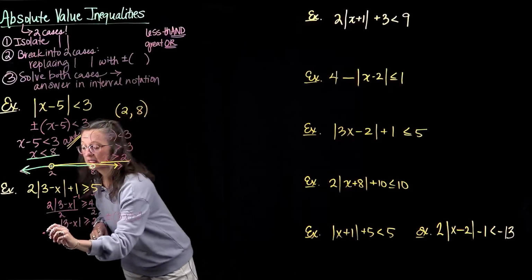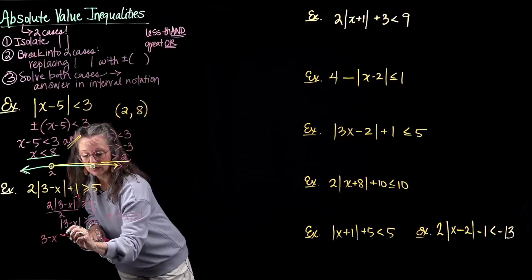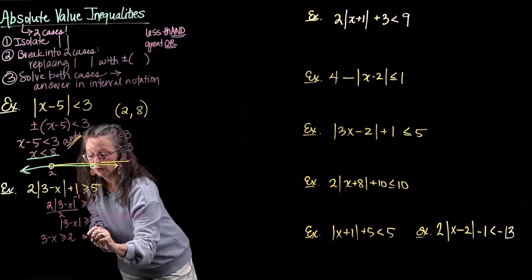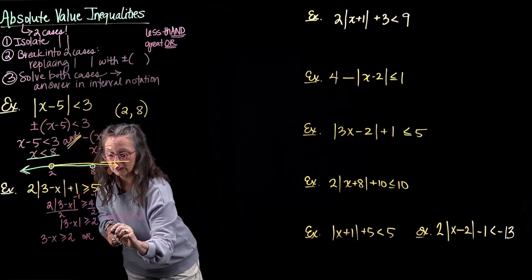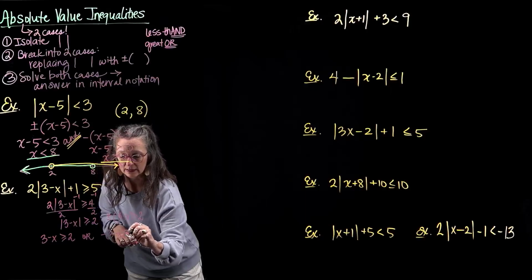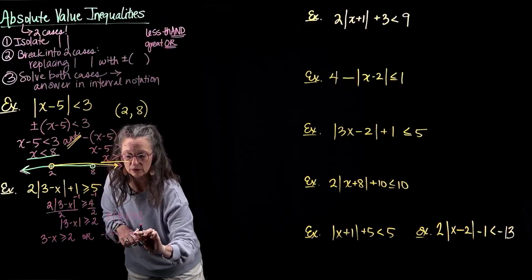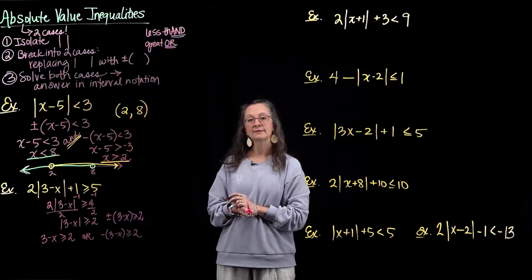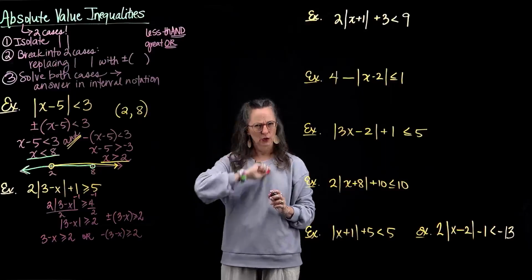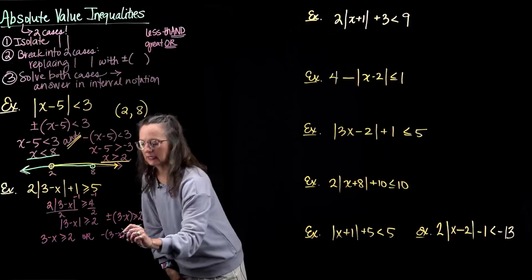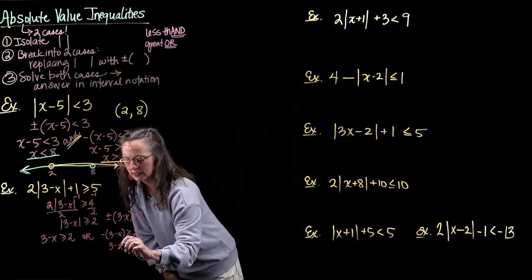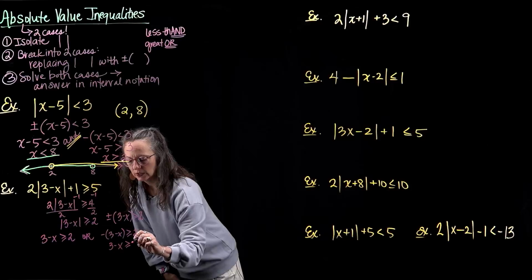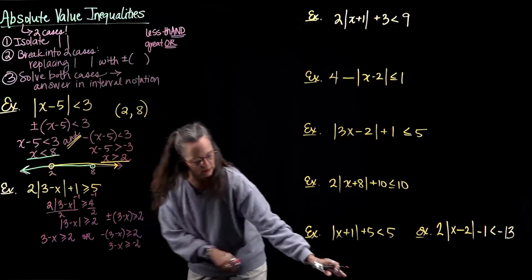So the first one is 3 minus x greater than or equal to 2, or negative of 3 minus x greater than or equal to 2. I'm going to go ahead and switch the second case and rewrite it as 3 minus x greater than or equal to negative 2.